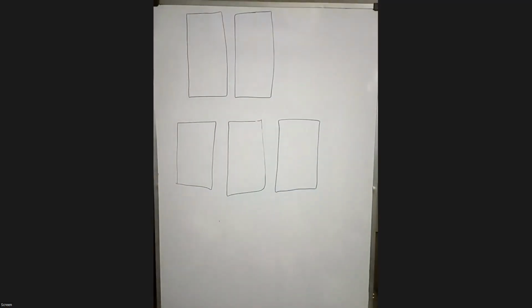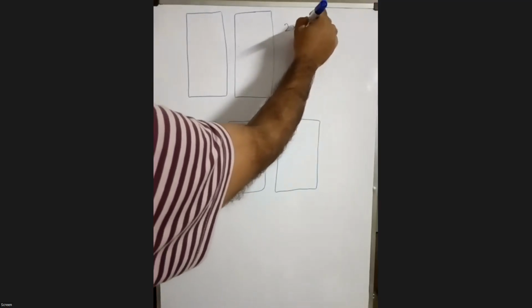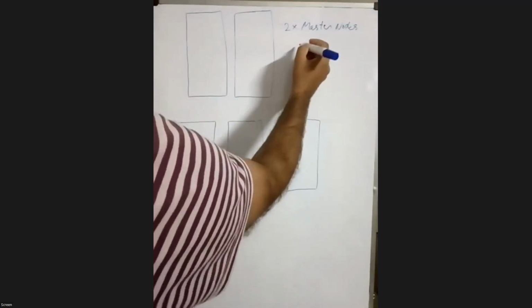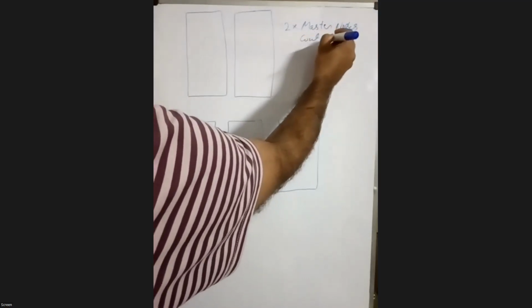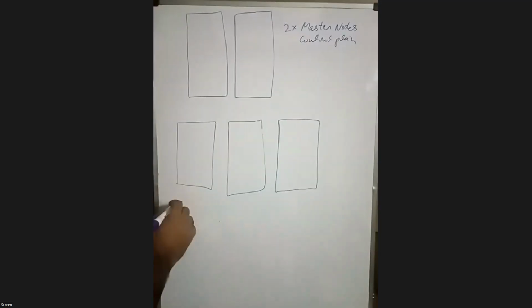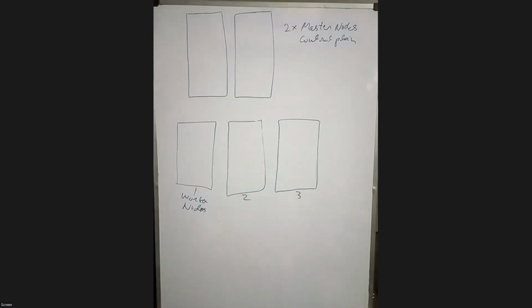Let's say we have 2 master nodes, or control plane. And these are our worker nodes: worker node 1, 2, 3.